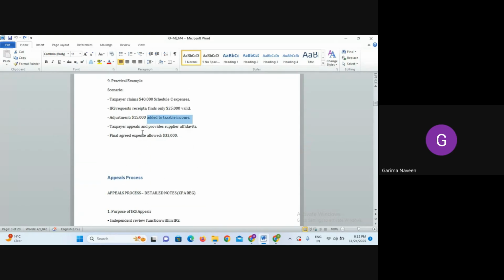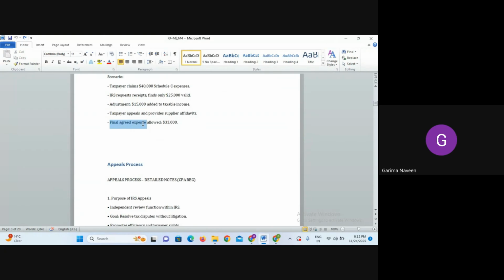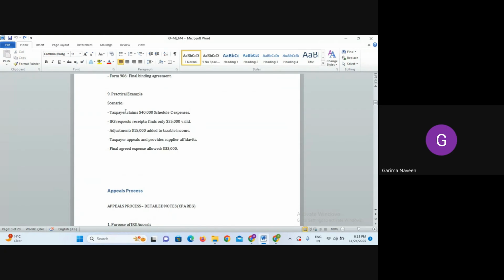So the taxpayer appeals and provides supplier affidavits. Final agreed expense allowed is $33,000. Suppose you have appealed and the final conclusion reached is that you can deduct only $33,000 of expenses. So this is the example given, showing how the process is basically done.